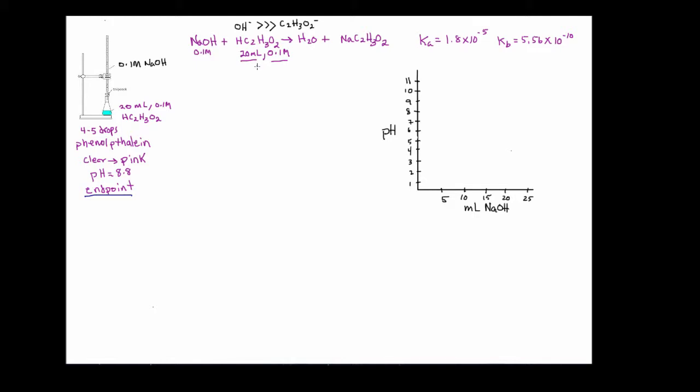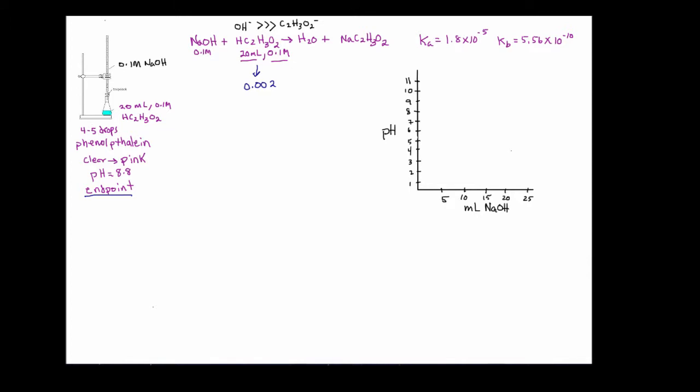If we calculate the moles of this, by taking the volume, changing it to liters, so it'd be 0.02 liters times the molarity of the acetic acid solution, then the maximum amount of acid that we have available to react with the sodium hydroxide is 0.002 moles.